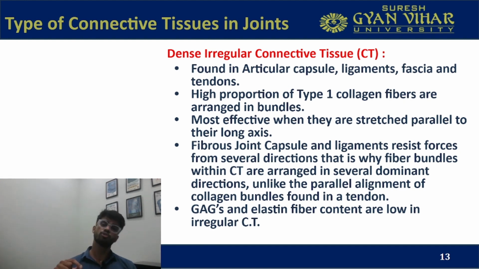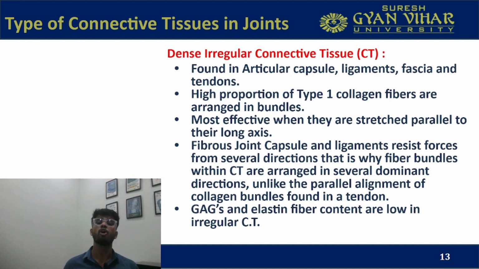A high proportion of type 1 collagen fibers are present in this type of connective tissue. Remember one thing, the most effective function will be present when the stretching is parallel to the long axis of the fiber. So imagine this is a fiber, and if you are pulling it parallel to its long axis, then it will function most effectively. But the catch here is that the fibers are arranged very irregularly in this connective tissue.